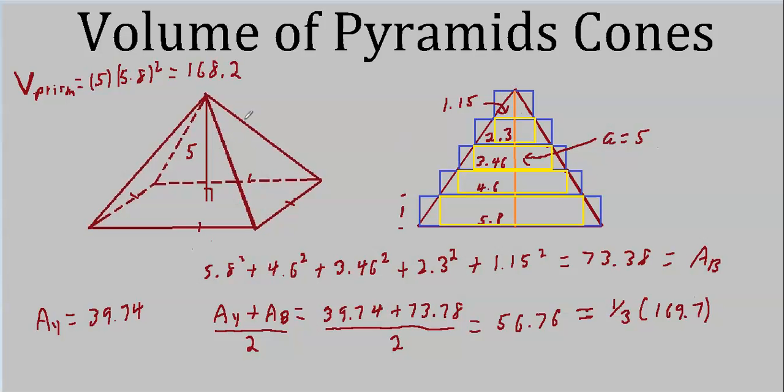And that turns out to be 1/3 of this. So the volume of a pyramid is 1/3 the volume of the prism with the same measurements.